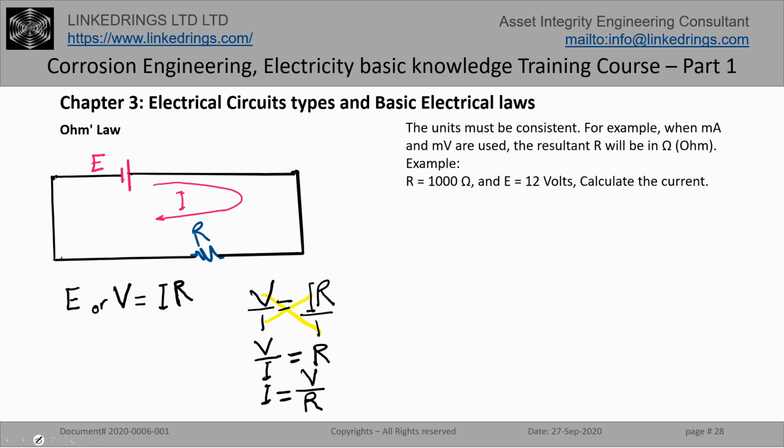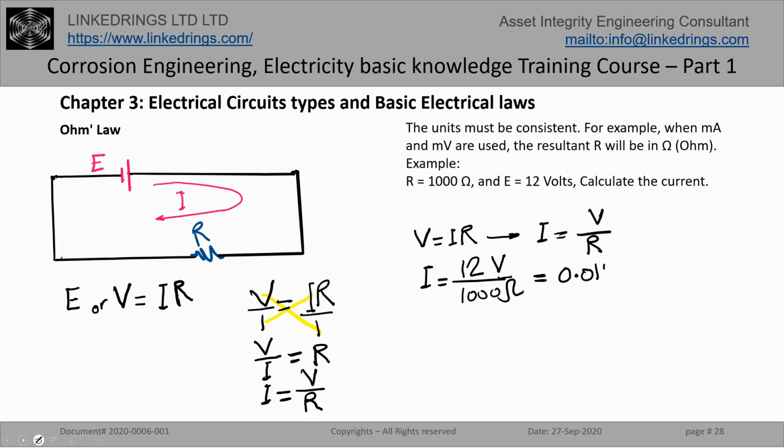V equals IR, that means I equals V divided by R. So I equals 12 volts divided by 1000 ohm, equals 0.012 ampere, which is 12 milliamperes.